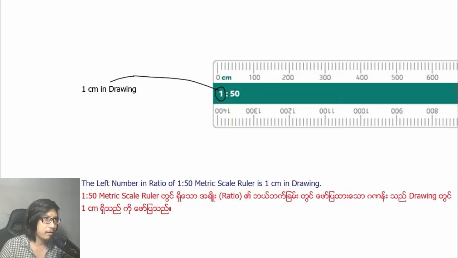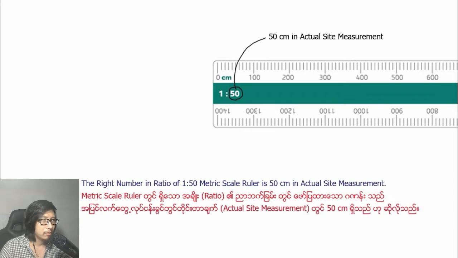The left number in the ratio of the 1:50 metric scale ruler is 1 centimeter in the drawing. The right number in the ratio of the 1:50 metric scale ruler is 50 centimeter in actual site measurement.